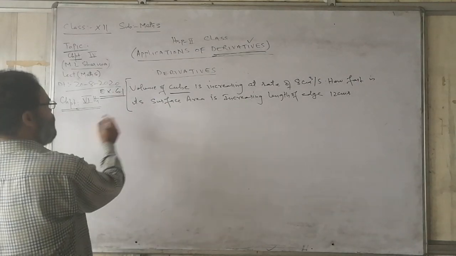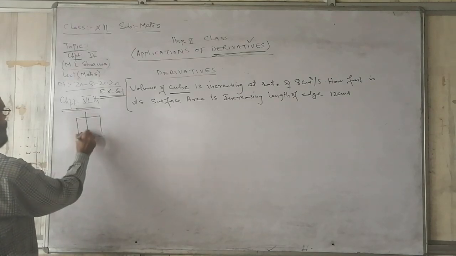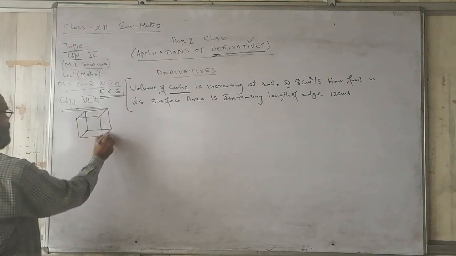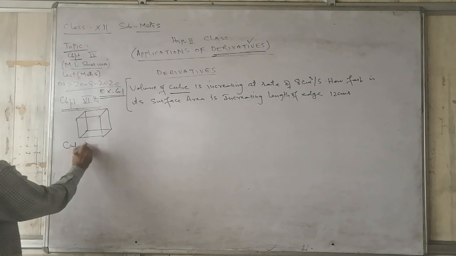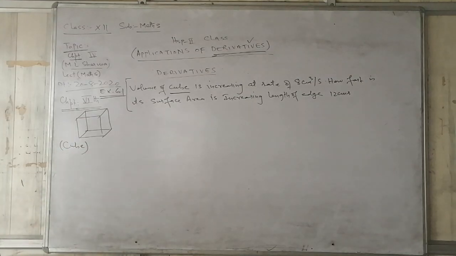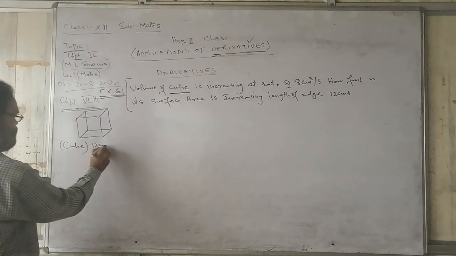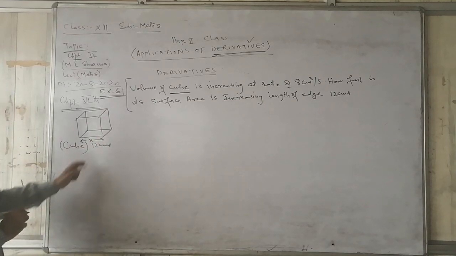So this is the case of a cube. As given in the question, its edge is given to be 12 centimeter. Say this is x. So x is 12 centimeter.